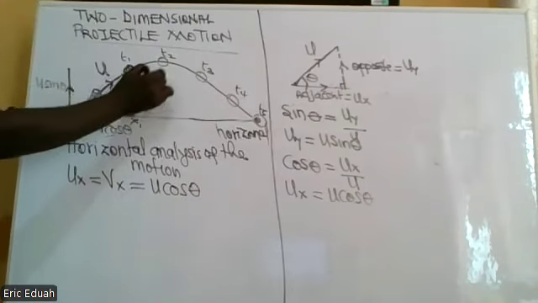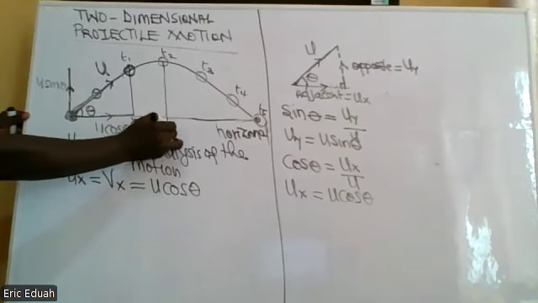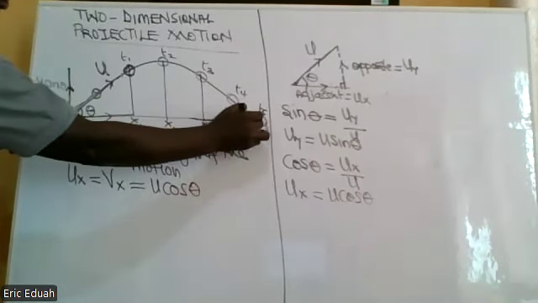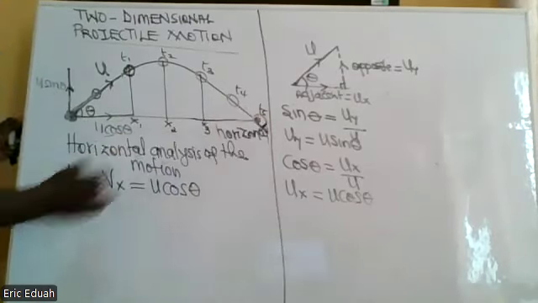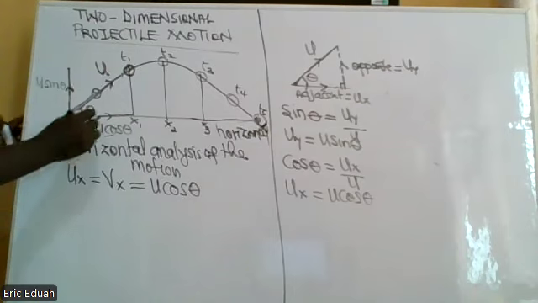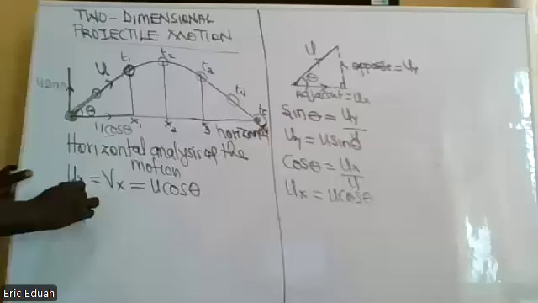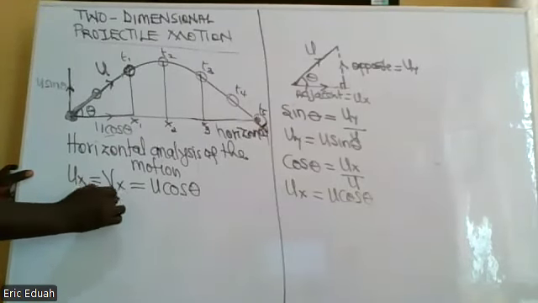If I want to determine OX1, OX2, OX3, up to OX, this horizontal distance can be obtained by using distance is equal to velocity or speed times the time taken.